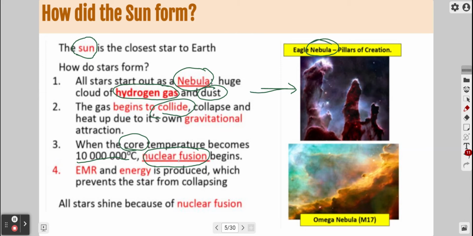And with this nuclear fusion, that is when EMR and energy is produced. And this production of energy helps prevent the stars from collapsing. Okay, so when you're asked why do stars shine, all kids like to ask that question. Why is the star shining? It's because of nuclear fusion. Very exciting answer.